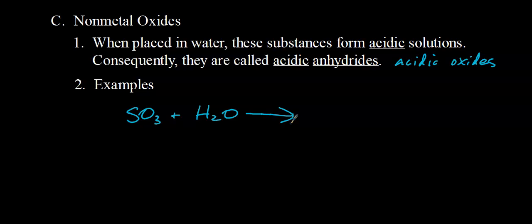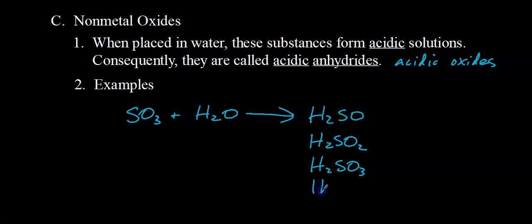So there's several different acids that have sulfur in them. So let me give you some options, and then we'll see if we can identify the correct one. So essentially, these are our options.